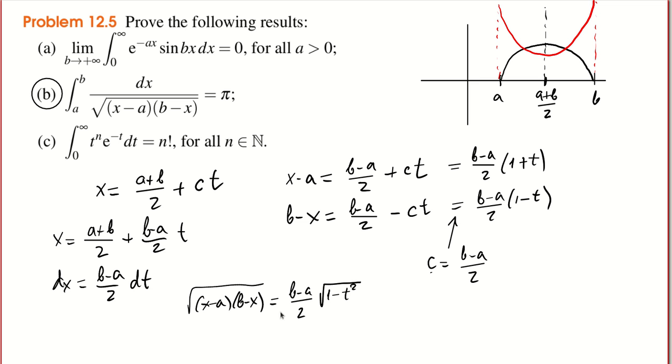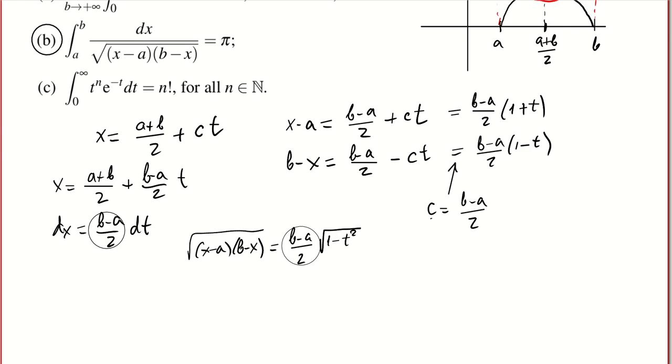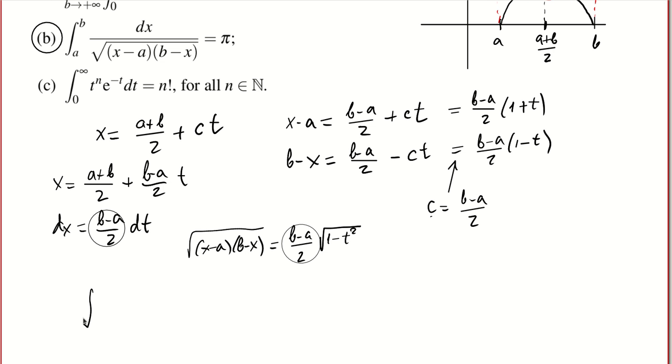So you transform this expression into something easier to handle. Okay, now you see you have this factor from the differential here, you have this factor in the denominator because of the root, they cancel each other. Okay, so what we have is that this integral is equal to the integral. We'll see now what the limits are, but here what you have is just dt over the square root of 1 minus t squared.